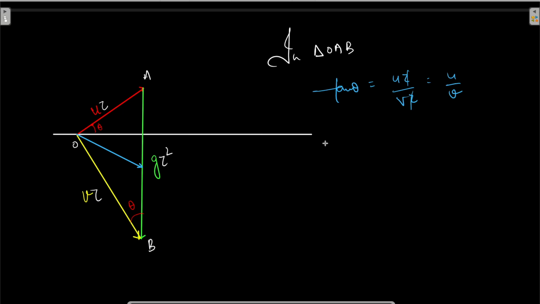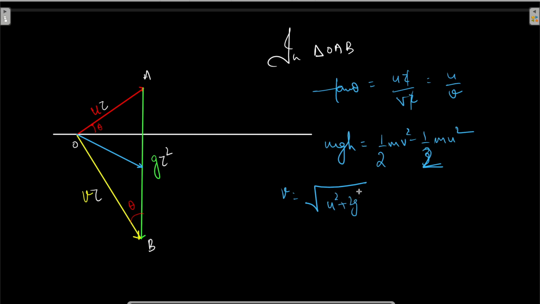The work done by gravity right now is mgh, equal to half mv square minus half mu square. So v will be the square root of u square plus 2gh. Now we can write the final answer as theta equals tan inverse of u divided by under root of u square plus 2gh.